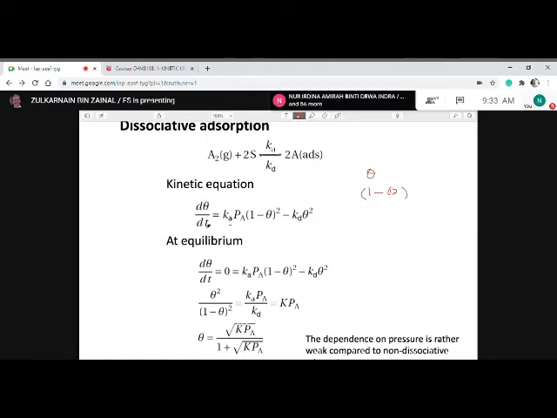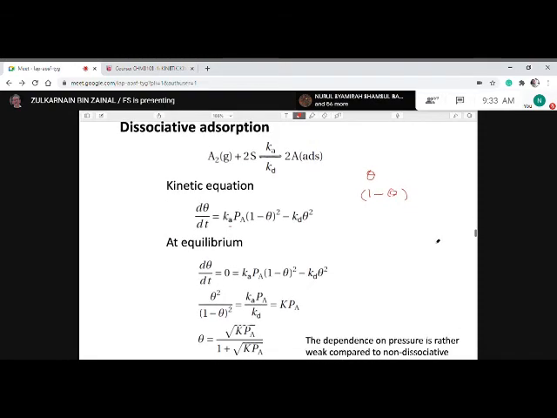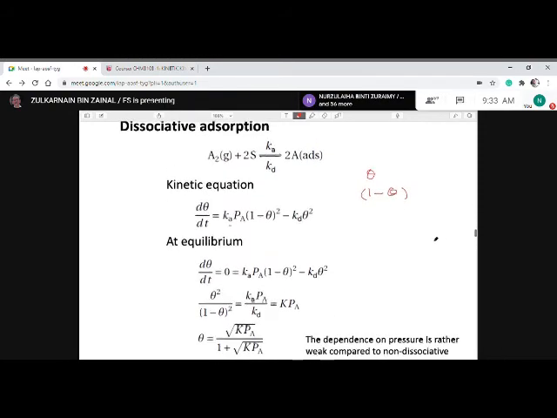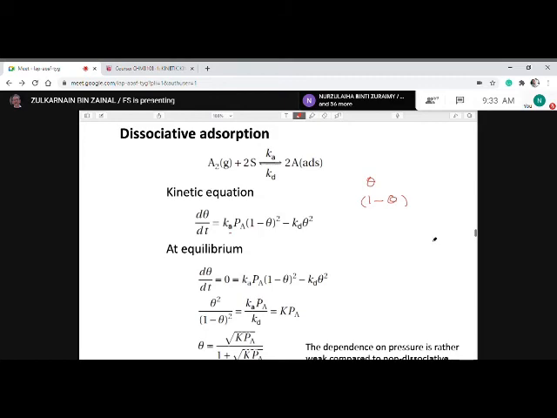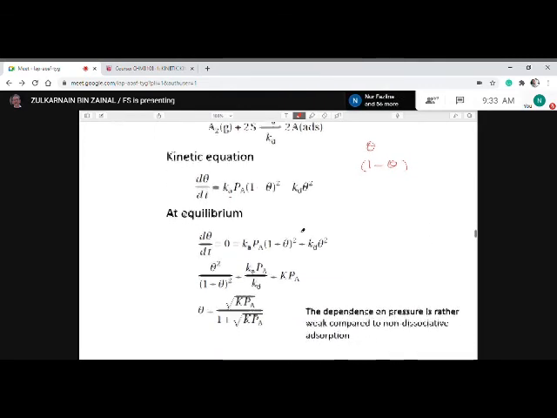So d theta dt is equal to Ka Pa (1 minus theta) squared minus Kd times theta squared, and this is for this type of process, which we call the dissociative adsorption process.